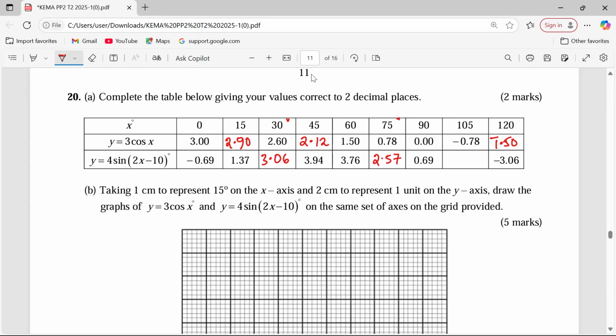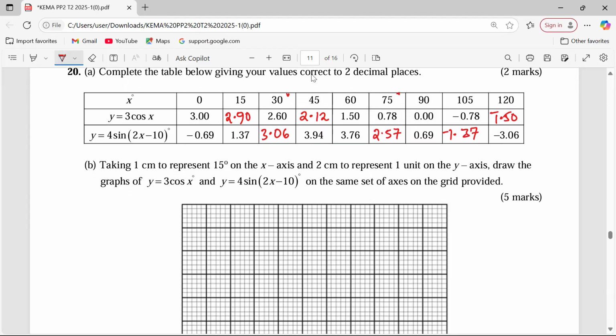Then at 105, sine, open brackets, 2 multiplied by 105 minus 10. Now this shall be negative 1.37 to an accuracy of 2 decimal places. So that is it. We are now through with filling the table.